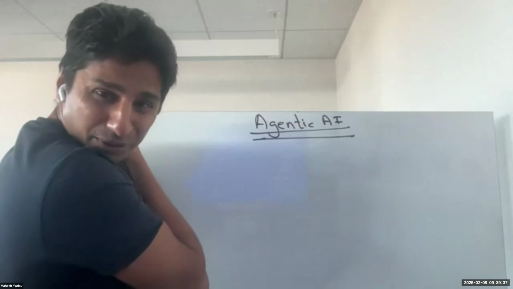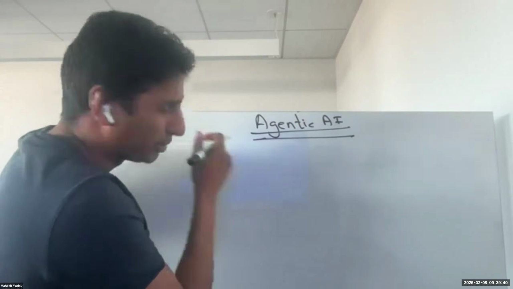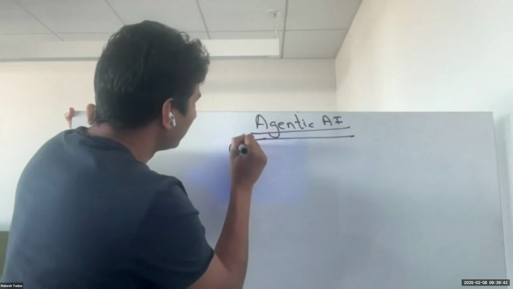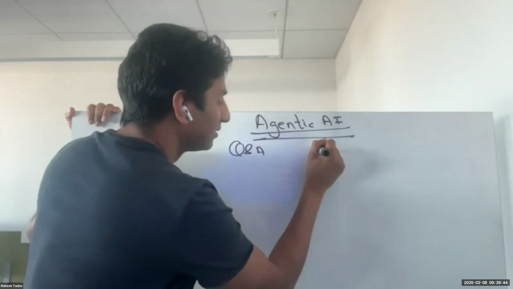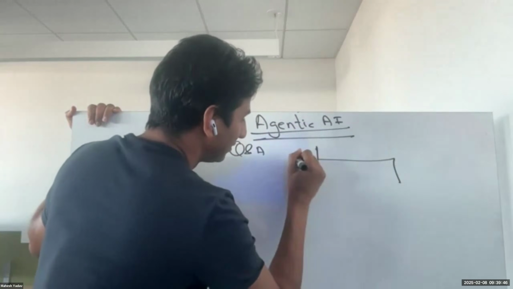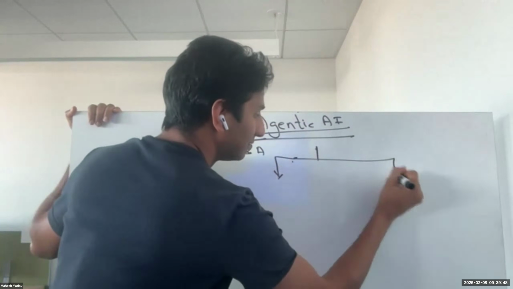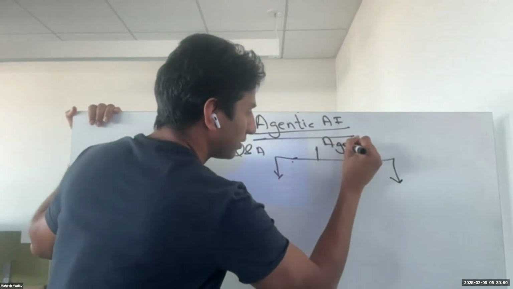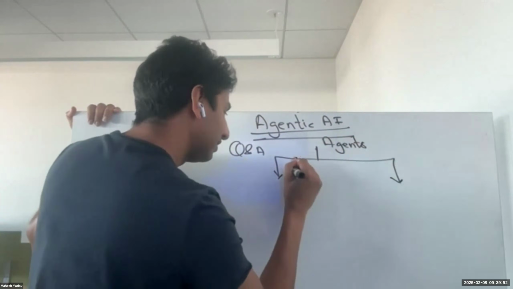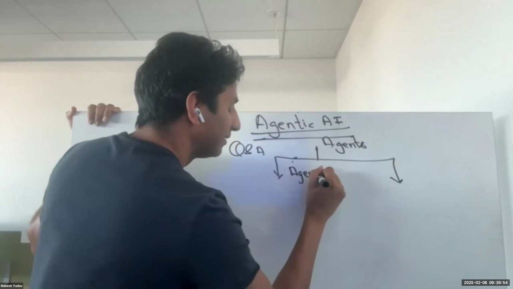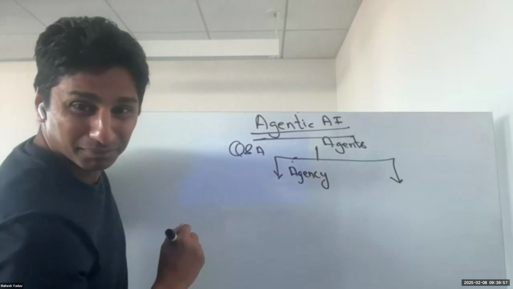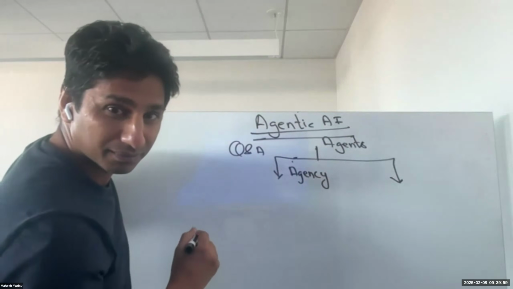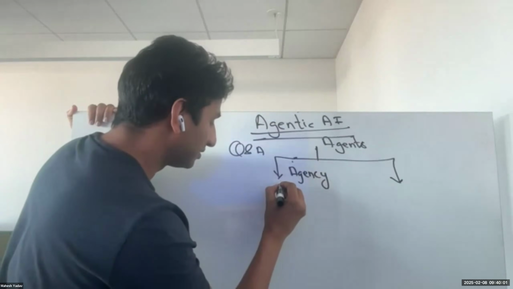What's the difference between an agent and a Q&A bot? Tell me 2 things that I need to have if I'm building an agent. Agents have what? They have agency. Agency comes by self-reliance. Self-reliance, that's a word.